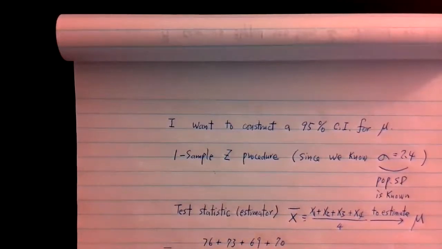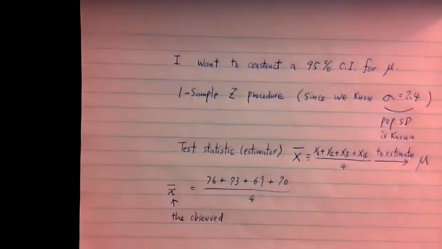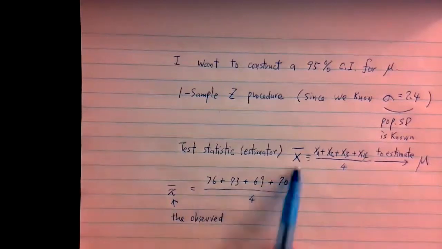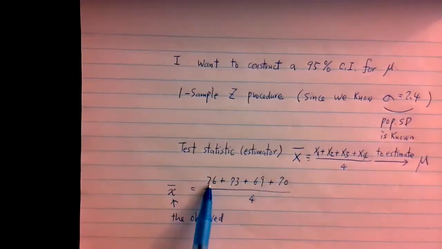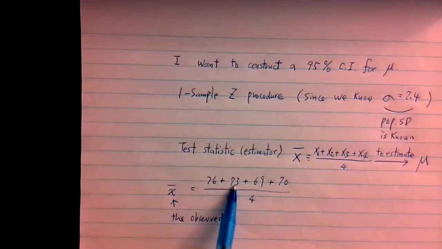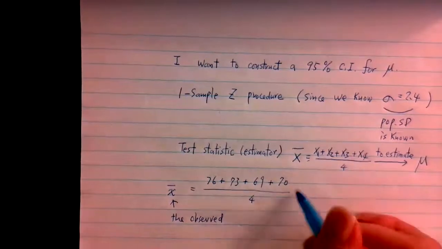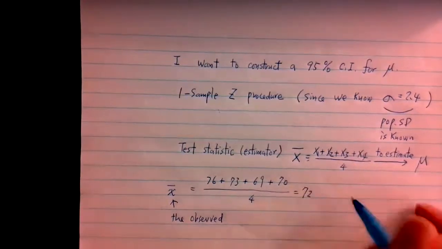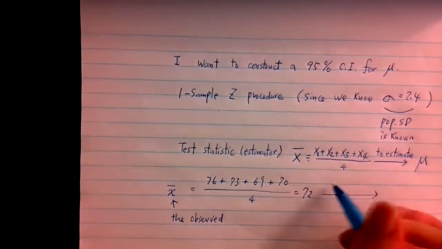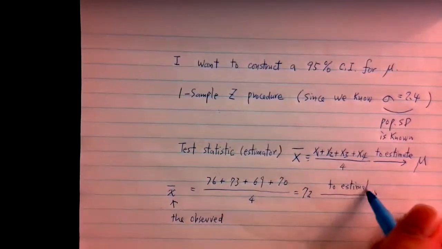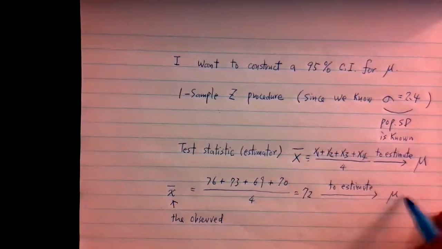X bar is the observed value of the test statistic, and this number is 72. We use this to estimate mu.